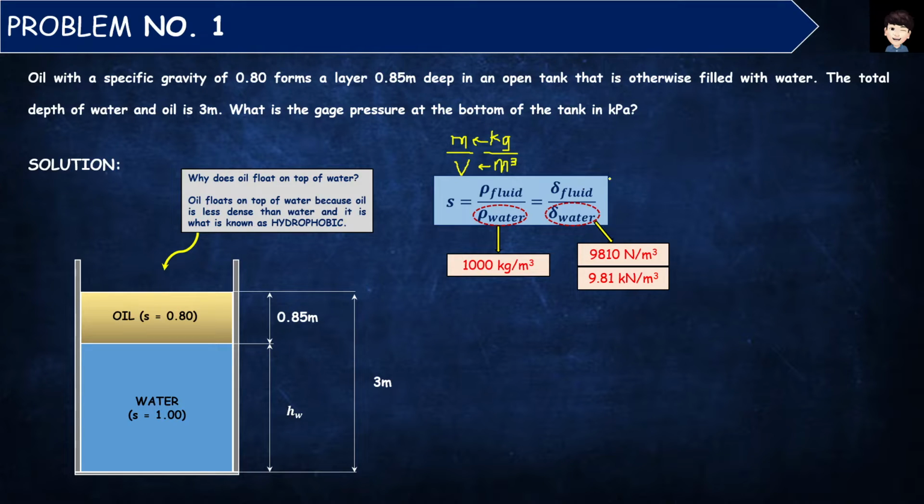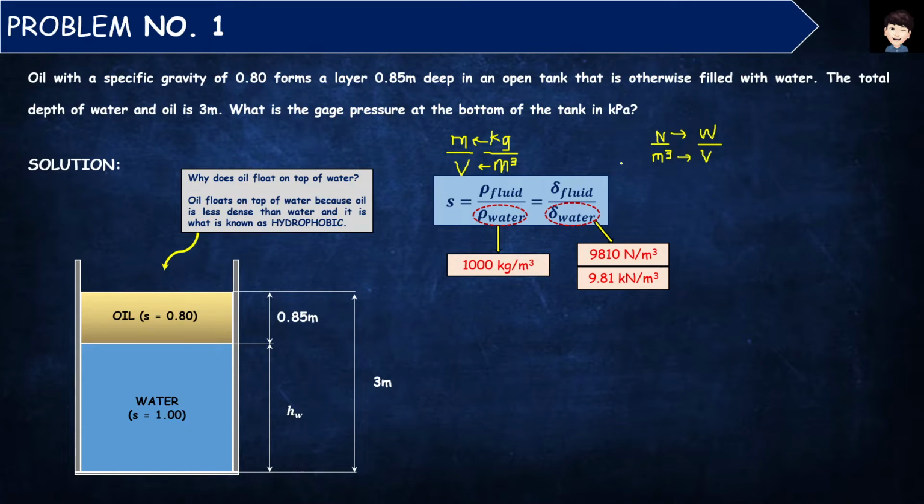How about the unit weight? So sa unit weight naman, Newton over cubic meter. So yung Newton corresponds to the force or the weight, at yung cubic meter naman corresponds to the volume. Kaya yung formula ng unit weight is weight over volume.